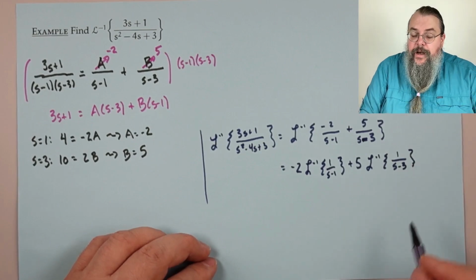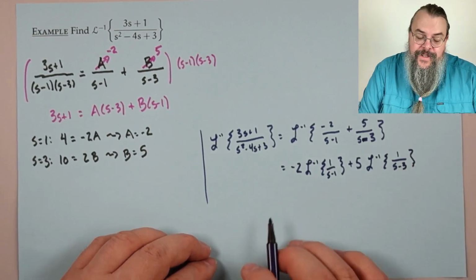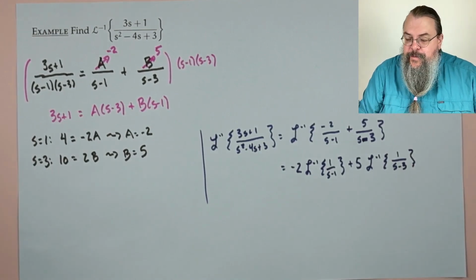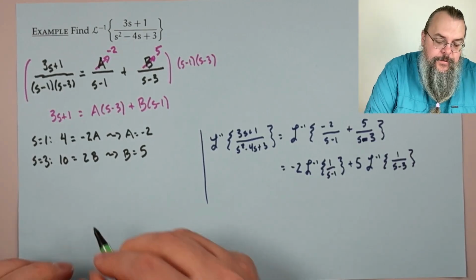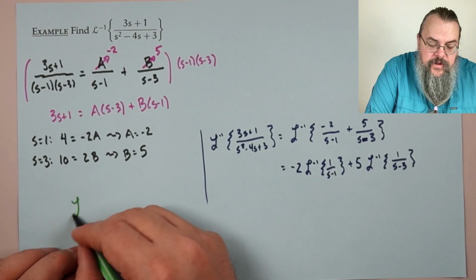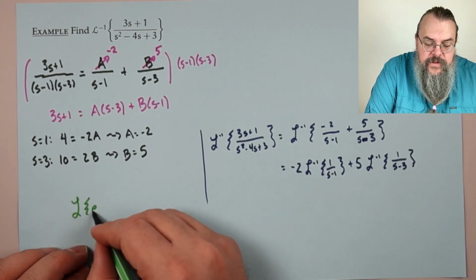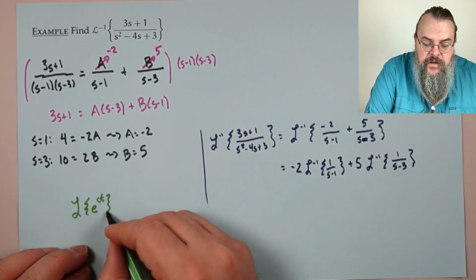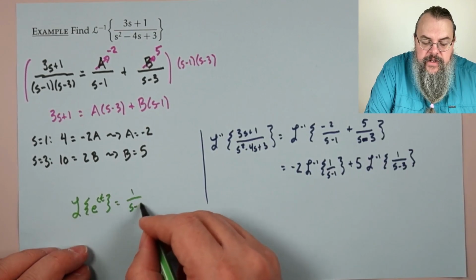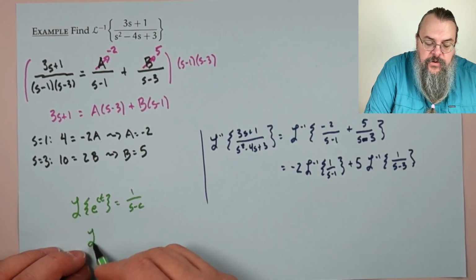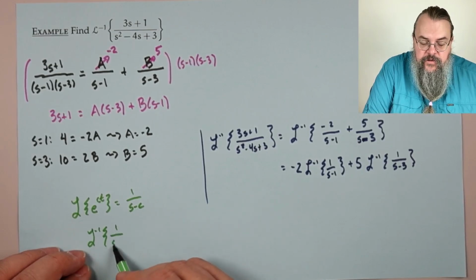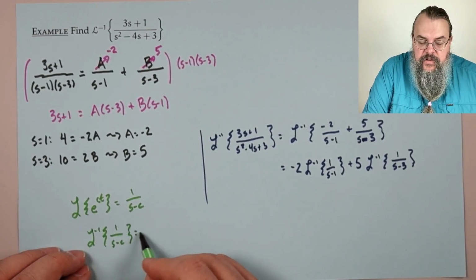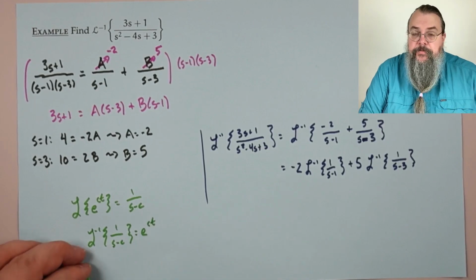And then we're like, oh, these are on our table. What are they? Do you remember? Well, of course, we can just look up on our table and we see that there's a rule that says the Laplace transform of e to the ct is 1 over s minus c, which translates to saying the inverse Laplace of 1 over s minus c is e to the ct.